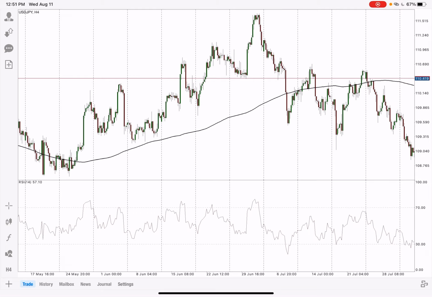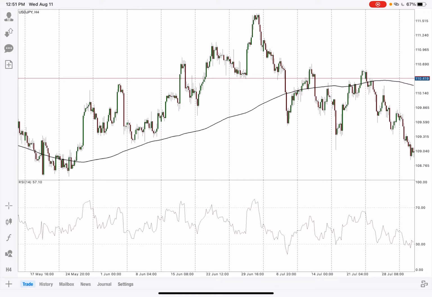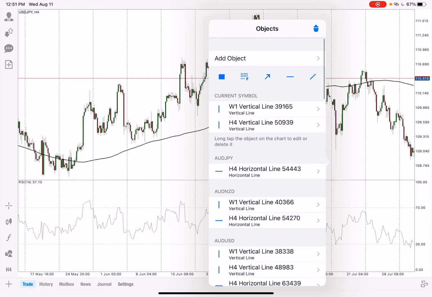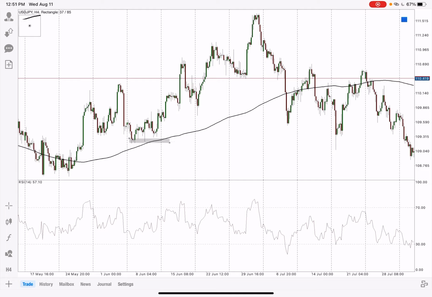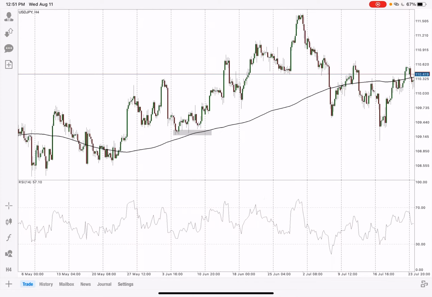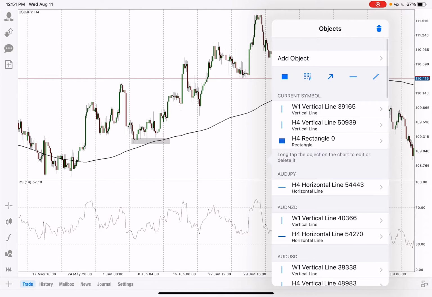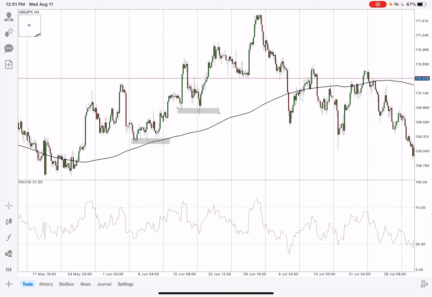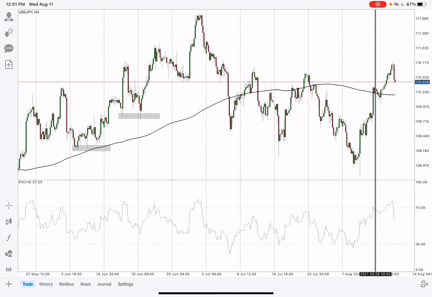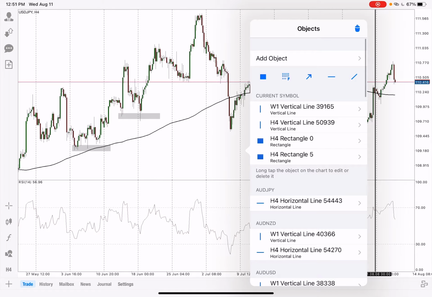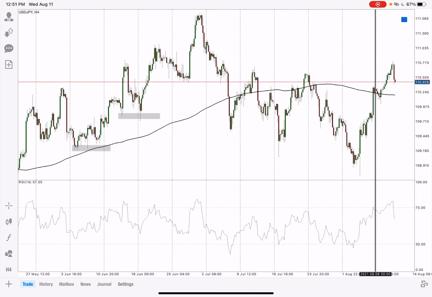Alright, so we're gonna start right here. We got this low right here, right? We can clearly see that it's making higher highs and higher lows, as you can see.